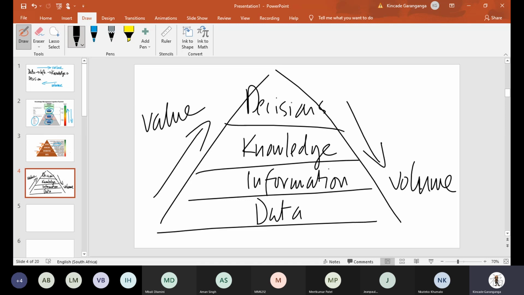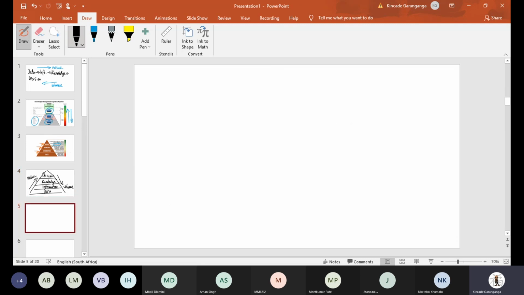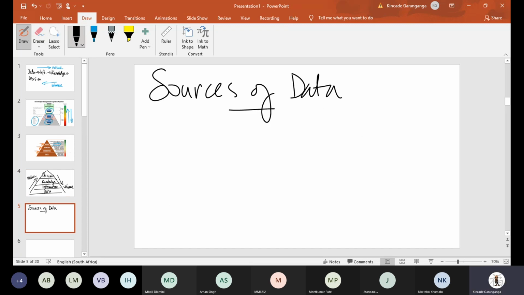So what are the typical examples of where this particular data can be sourced, right? So the generic sources of data would include, so sources of data. This can include all data records as typical examples.